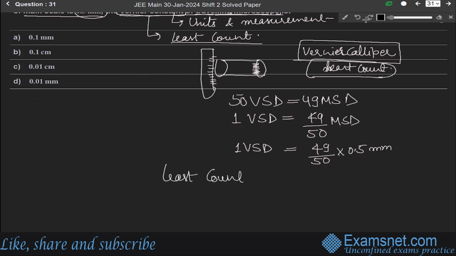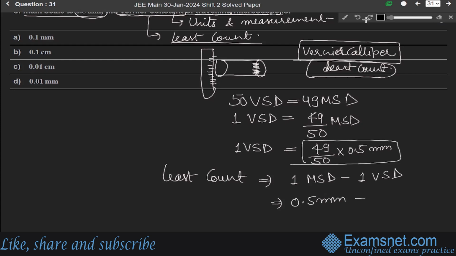Least count is equal to 1 main scale division minus 1 vernier scale division. 1 main scale division is 0.5 mm, minus 1 vernier scale division, which is 0.5 into 49 over 50.